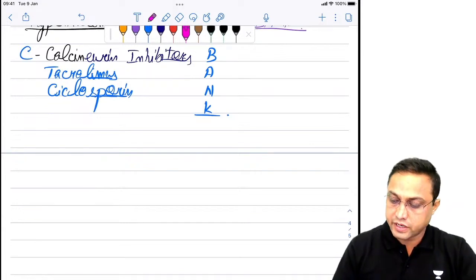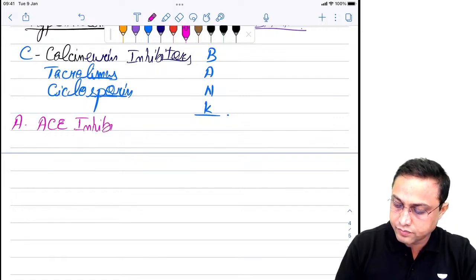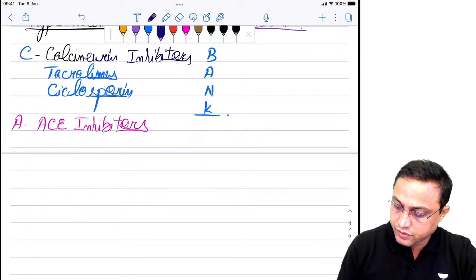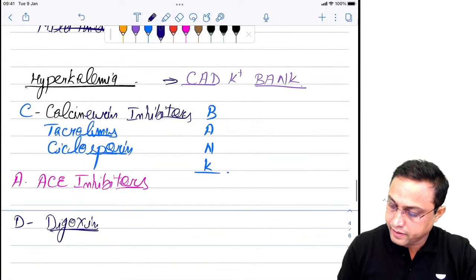Then A is for ACE inhibitors. D is for digoxin, right?